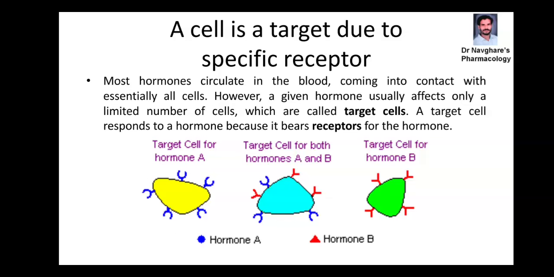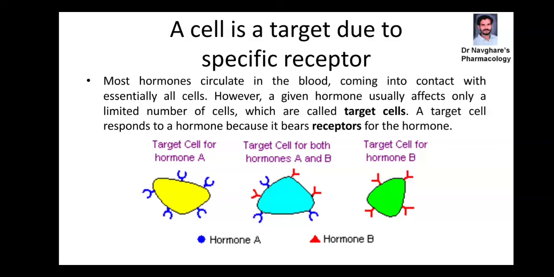A cell is a target due to a specific receptor. Most hormones circulate in blood, coming in contact with essentially all cells. However, a given hormone usually affects only a limited number of cells, which are called target cells.